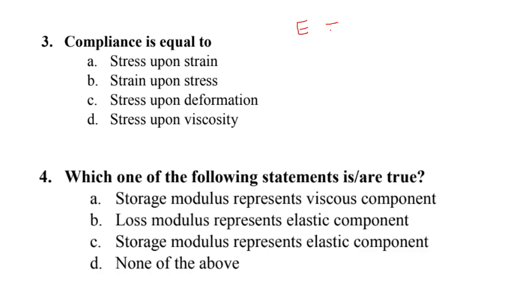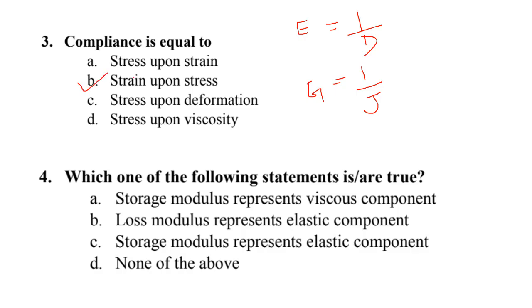We generally denote compliance as D if we are talking about tensile, and if it is shear, then it is denoted by J. So compliance is equal to strain divided by stress. So option B is the correct answer.